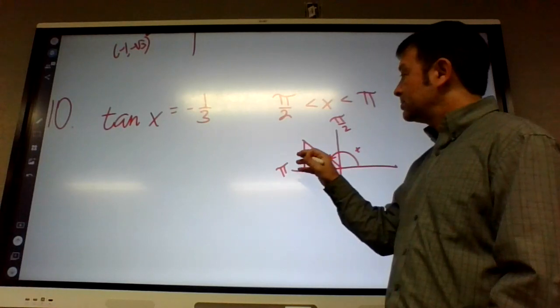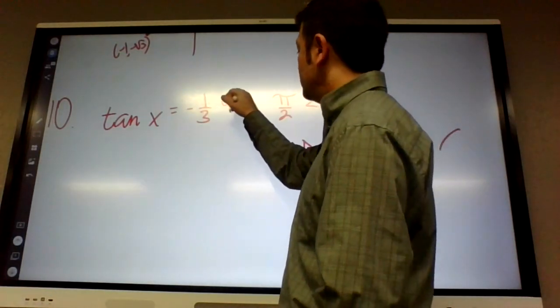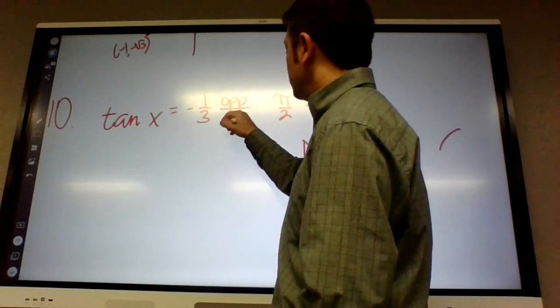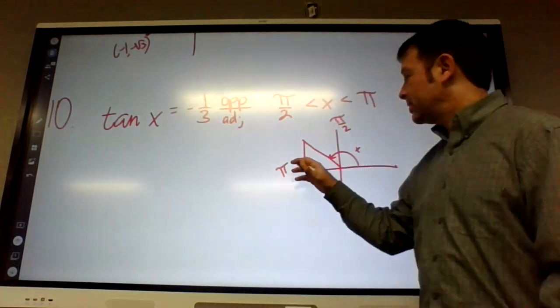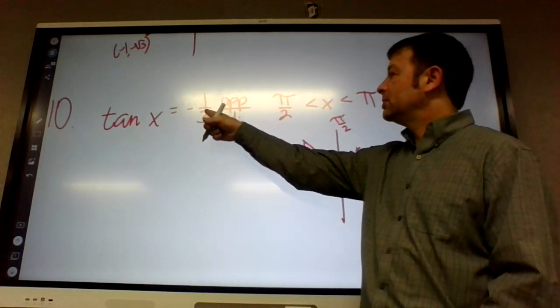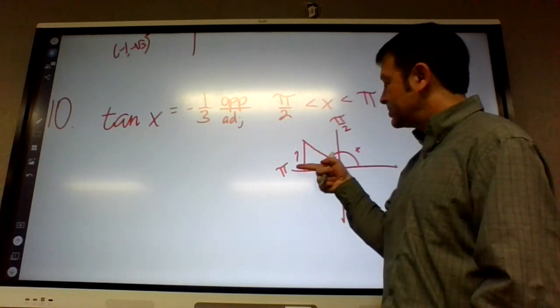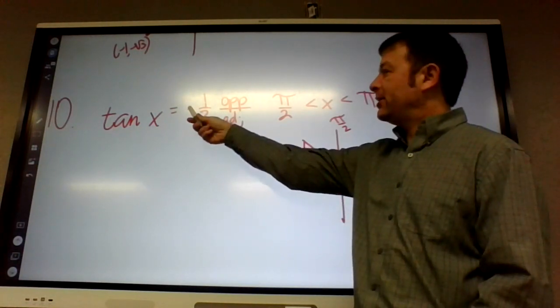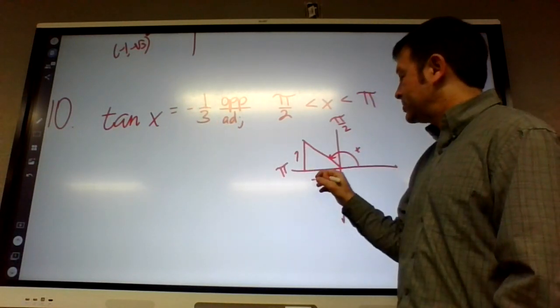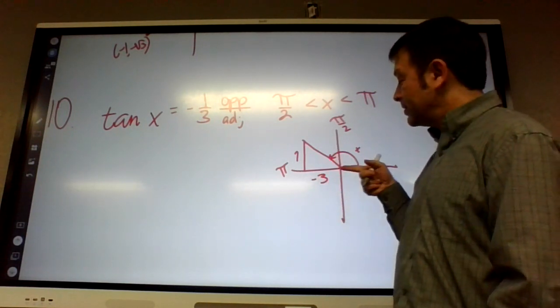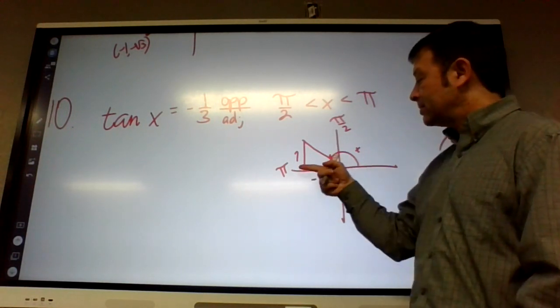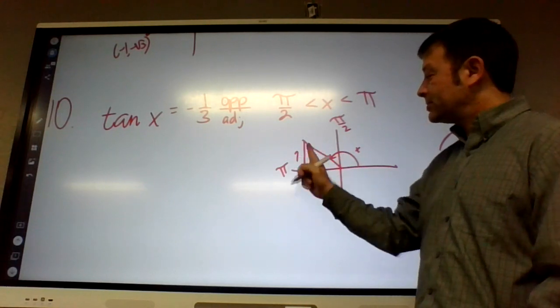Over here. So that would be the 1. The adjacent would be this side, 3. Well, we need to put a negative on one of these, and in this picture, the x value would be negative. The adjacent side would be negative, because it's left 3, up 1.